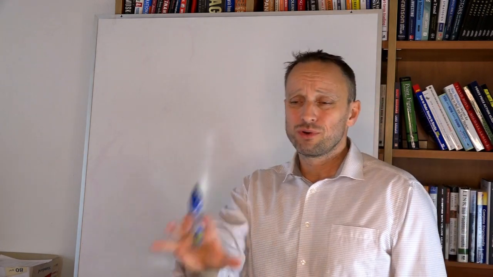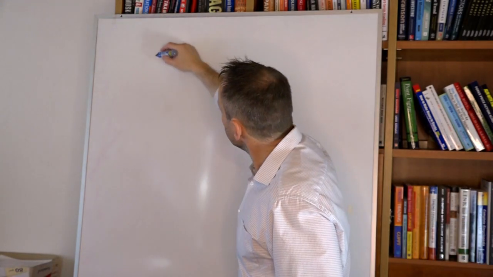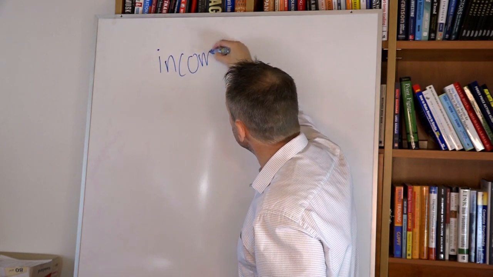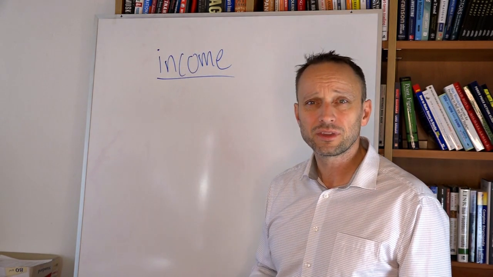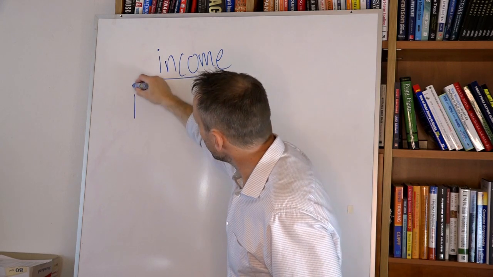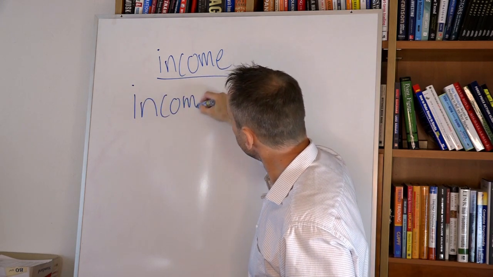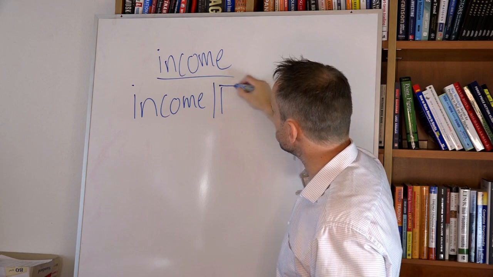What Rich Dad, Poor Dad apparently told Robert Kiyosaki is that people have to take a look at how they spend the money that they earn. And he gives an example with an income statement here. Here we have income and we have expenses.